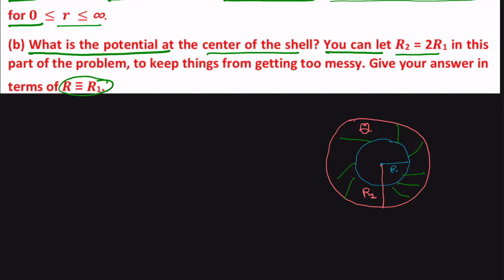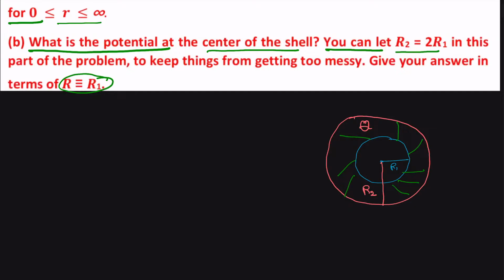And so we know that in case of the spherical shell, there will be a uniform volume charge density between the inner radius as well as the outer radius. And let us say that uniform charge density is rho.